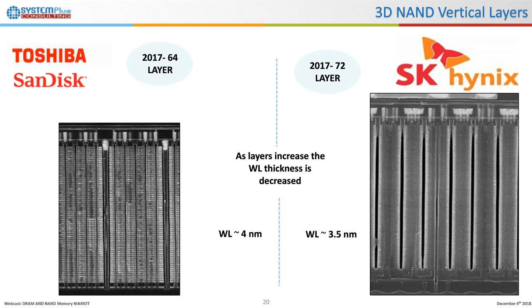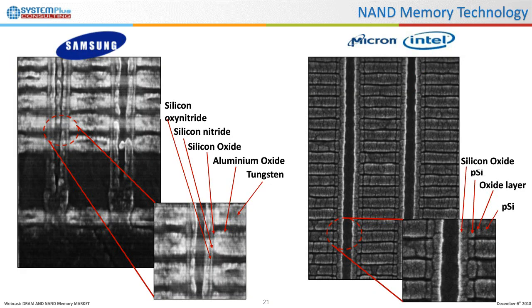Here we have the NAND memory technology, which is different for the manufacturers. Three manufacturers have moved on to the charge trap layer, and we have Micron and Intel still using the floating gate. This is an example of Samsung, SK Hynix, and Toshiba. They all use the same technique of the charge trap layer. They use silicon oxide, silicon nitride, and silicon oxide to trap the charge.